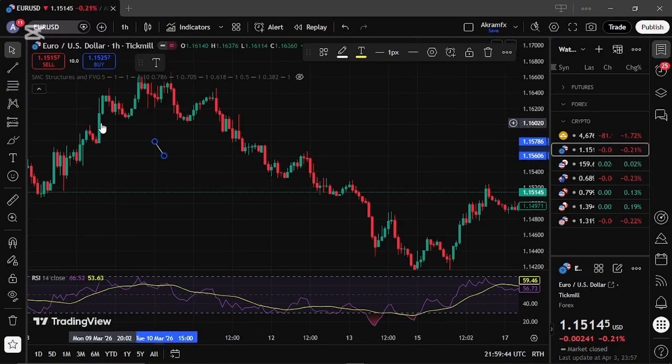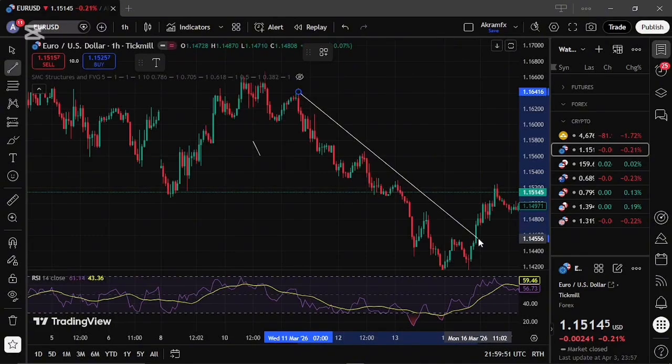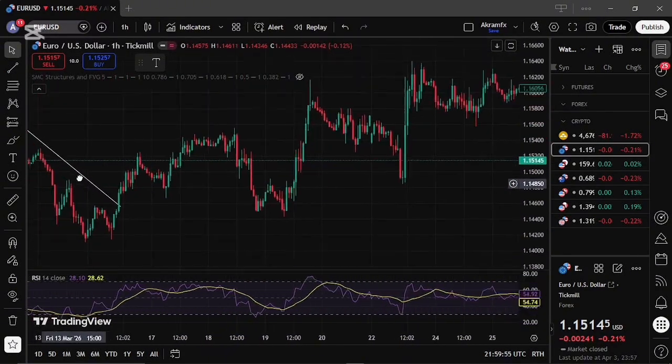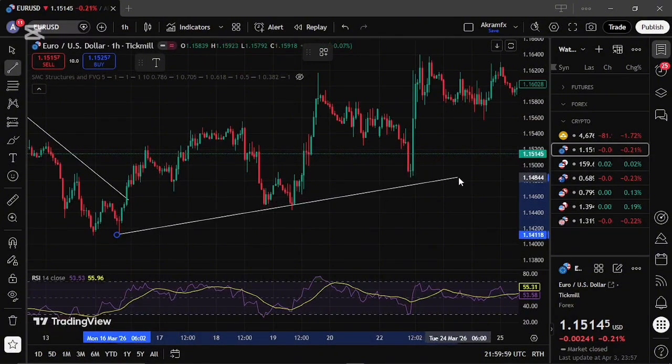If it's going down, it's going down, and if it's going up, it will be going up. Their moves are clean, and it's the most traded pair in the world. It's very clean for new starters or beginners or people who want to make money as they advance in trading.